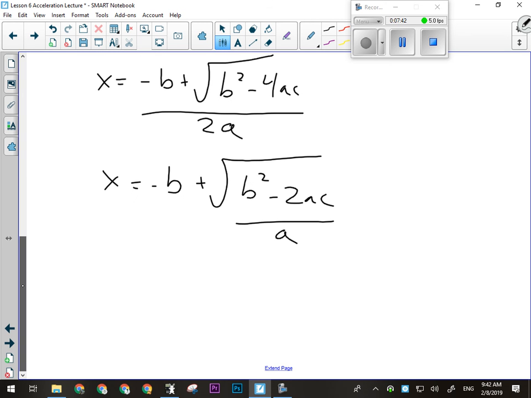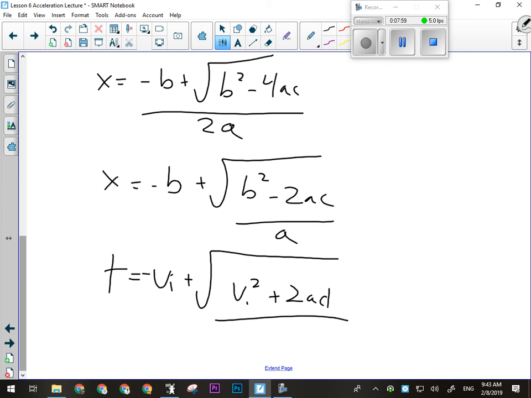We said before that X was going to be time, B was going to be our speed. So negative VI plus the square root of VI squared plus 2AD over A.